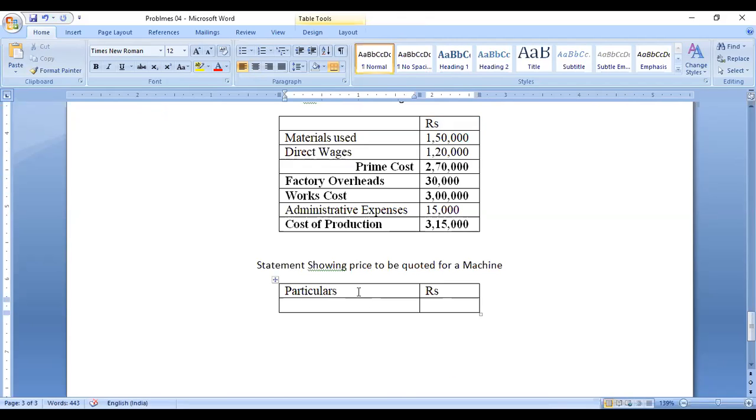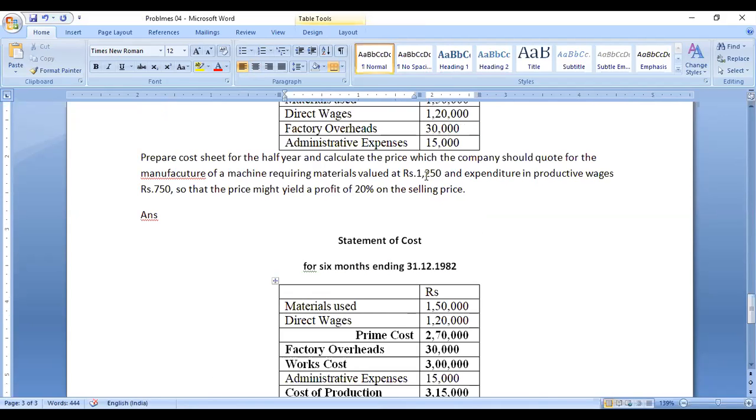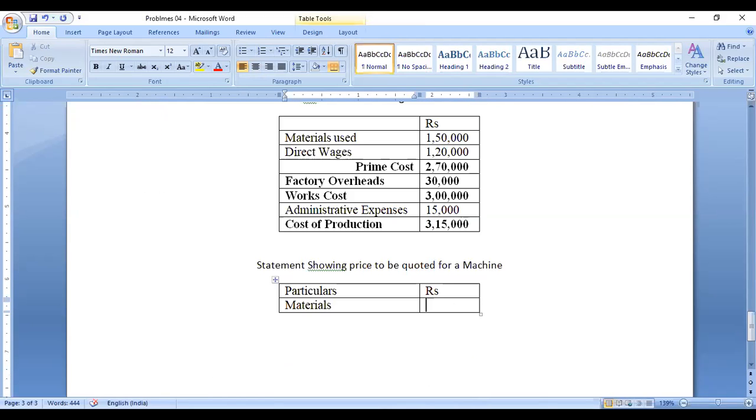The first one is materials. So materials, that amount is given: 1,250 rupees. Next, productive wages for a machine, it is given in the question, 750.